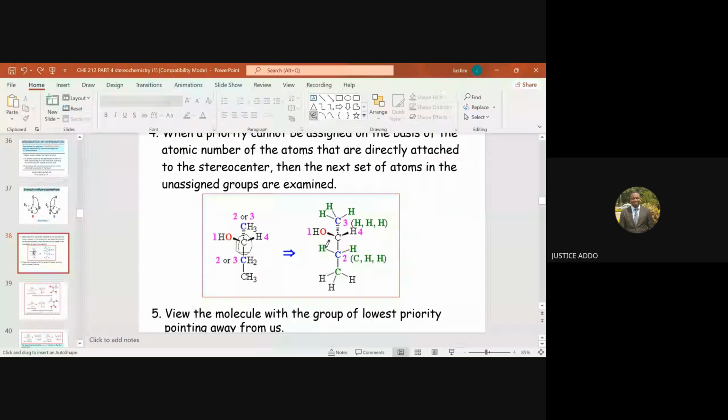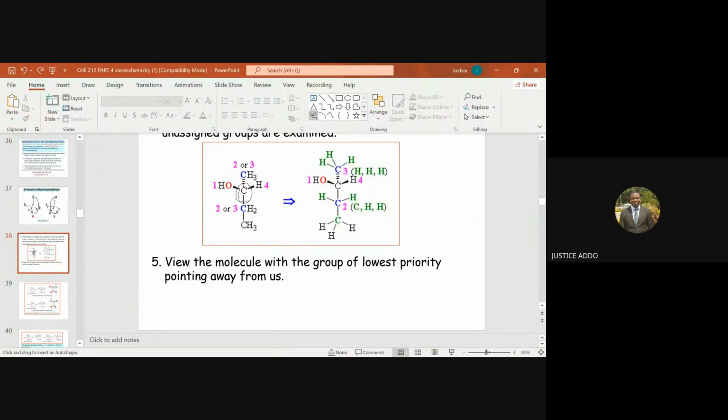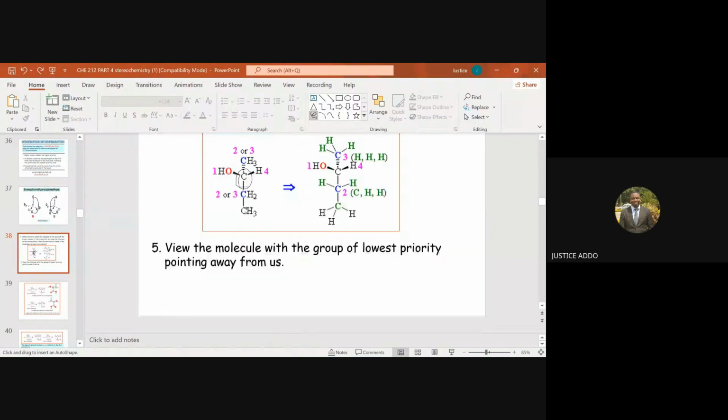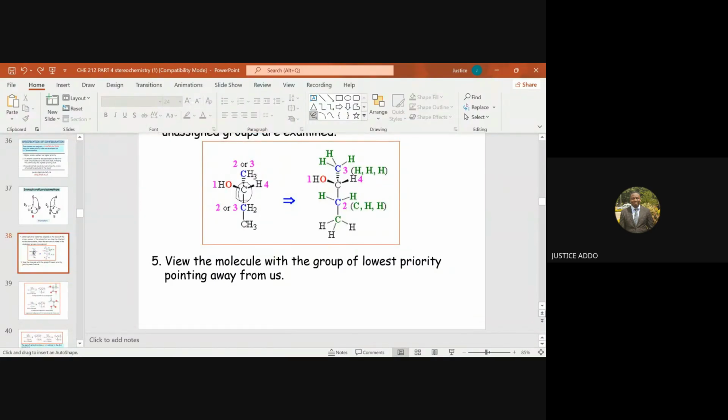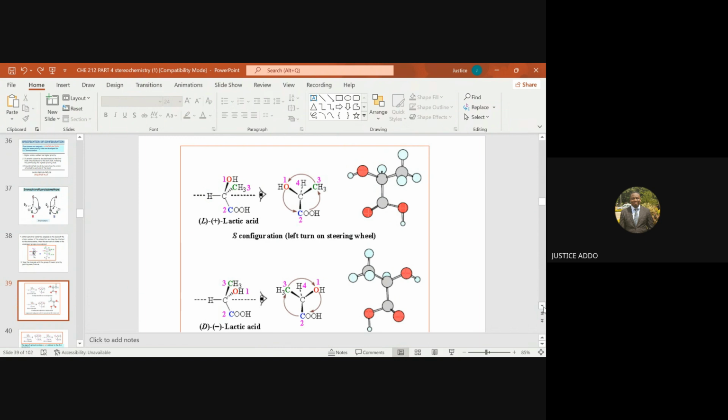And so that one is assigned 2, then the top one gets 3. So what we are saying is that if the immediate atoms that are bonded to the chiral center are of the same weight, then consider the other groups that are on them to know which one should be given a higher priority before you do your assignment and then show your direction.